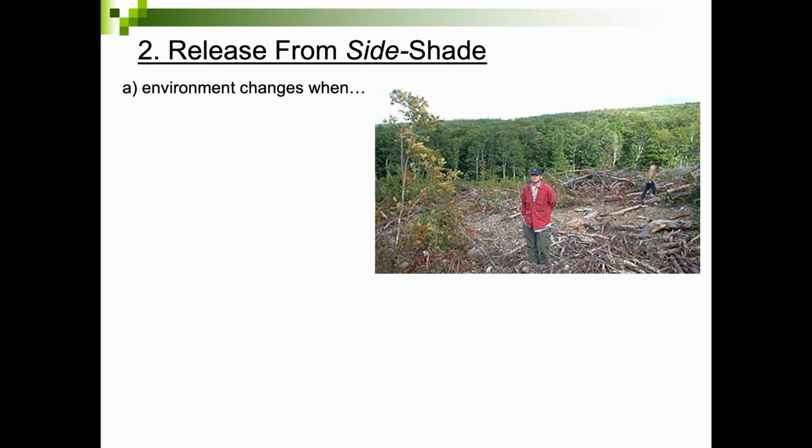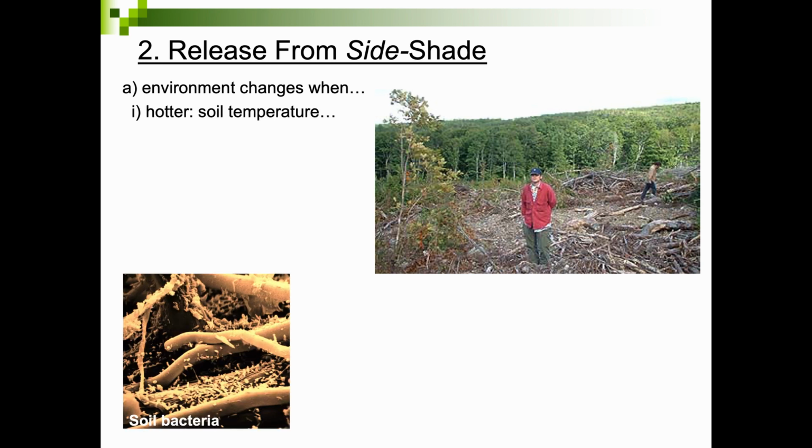Now, this doesn't just change the light environment. This is going to change the soil temperature. More light touching the ground is going to increase temperature. This increase of temperature is going to actually increase the metabolism of soil bacteria and soil fungi.